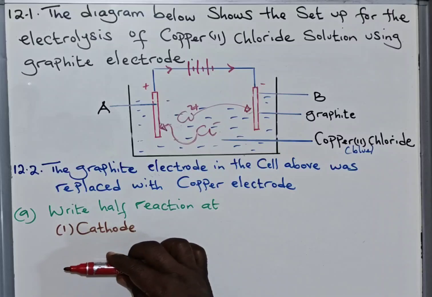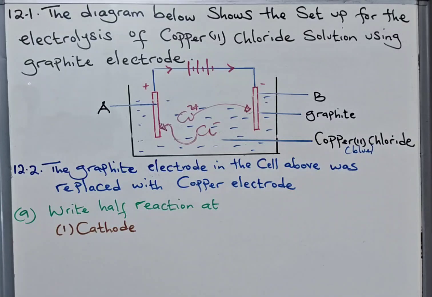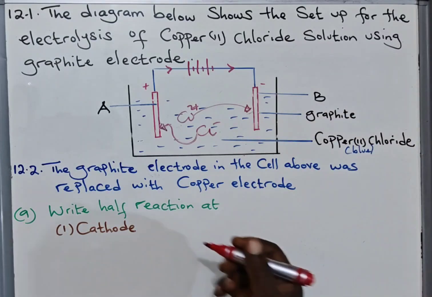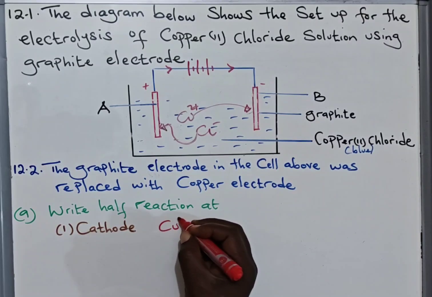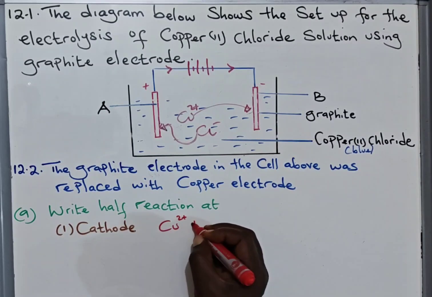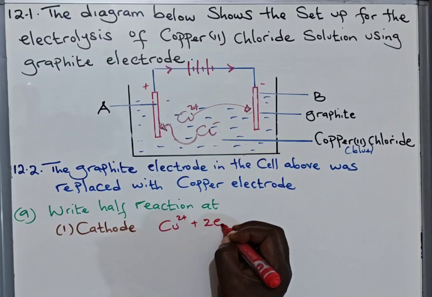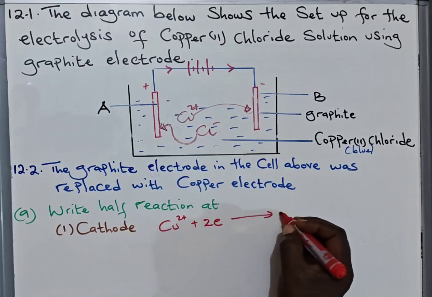So we are looking at cathode here. Cathode is the one which is negative. And which ions are moving there? It is copper ions. So what happens here? When copper ions reach cathode, they are reduced by taking up 2 electrons to become copper solid.